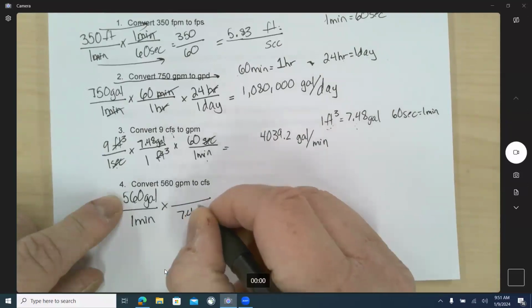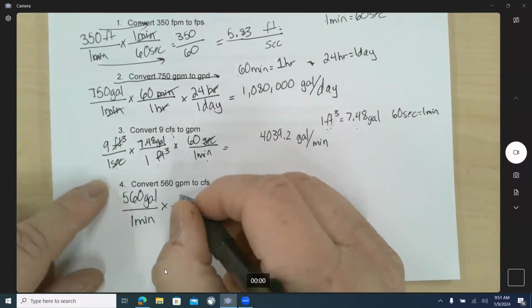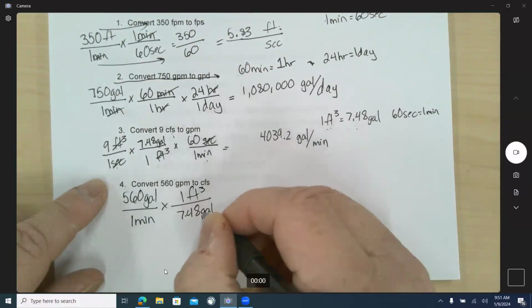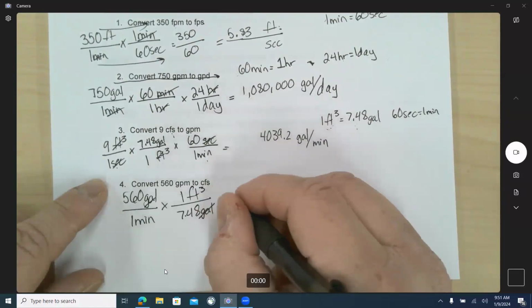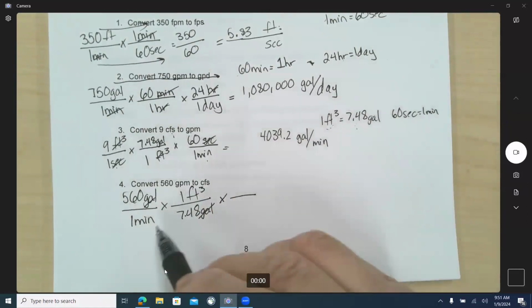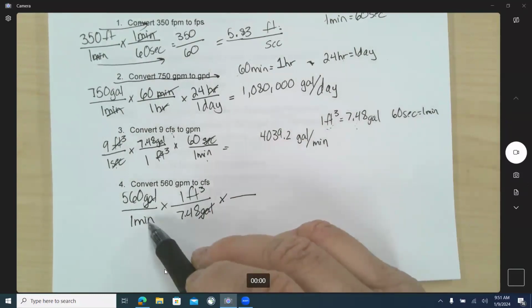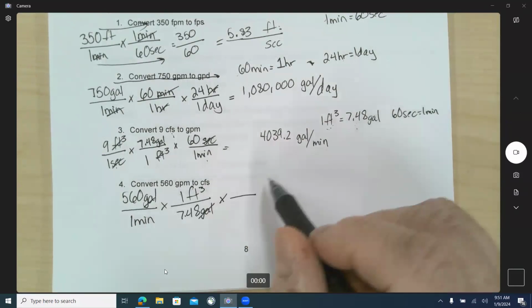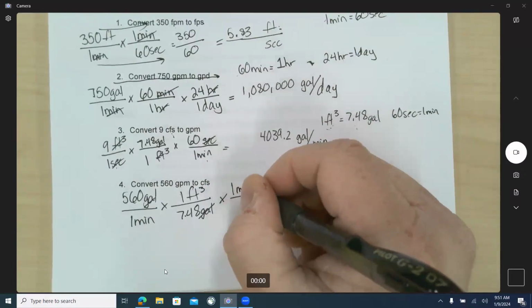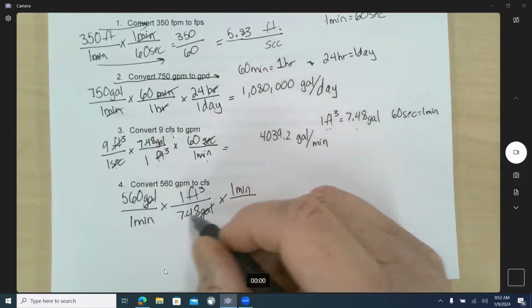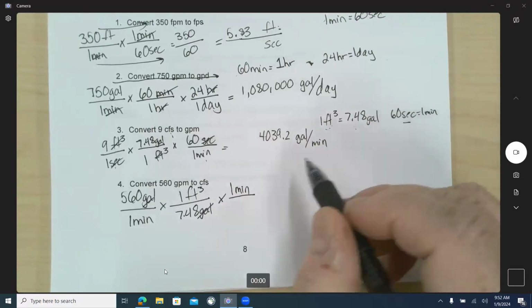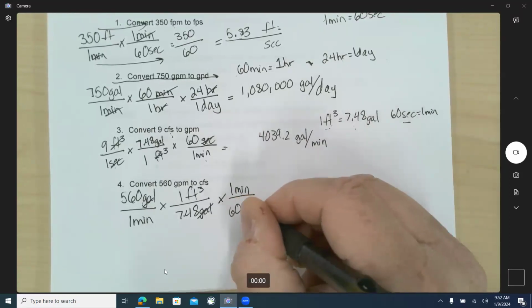So 7.48 gallons here, 1 cubic foot up top. Now, if my minutes are on the bottom, where do they have to be to cancel? Minutes are on the bottom, and I'm going to seconds. So this would be 1 minute, and then 1 minute equals 60 seconds.